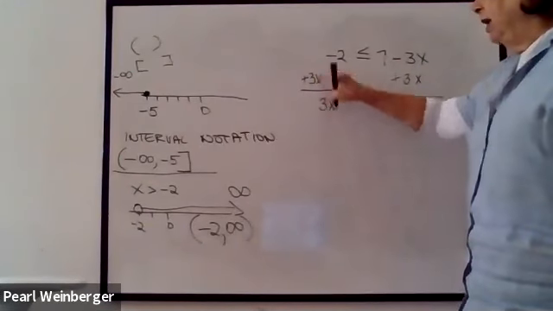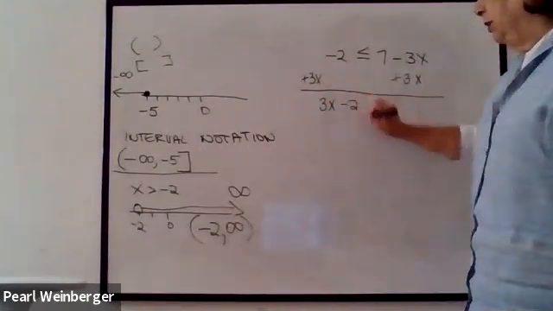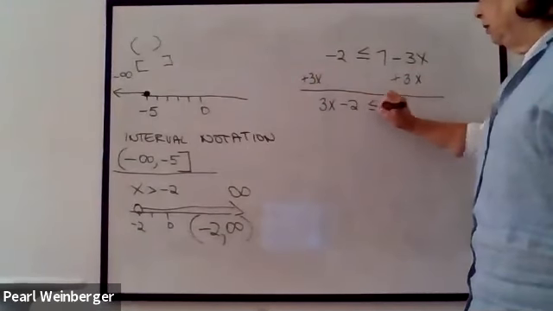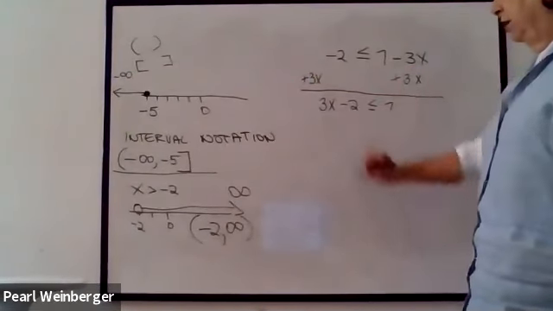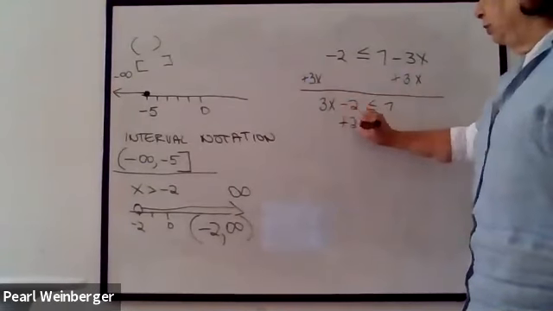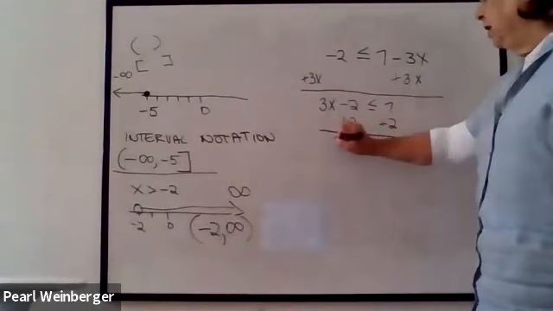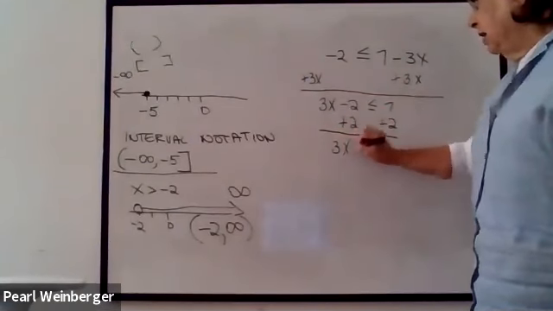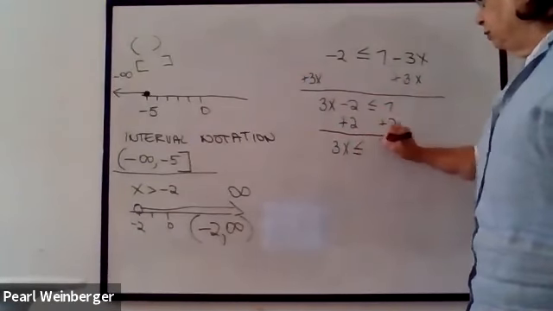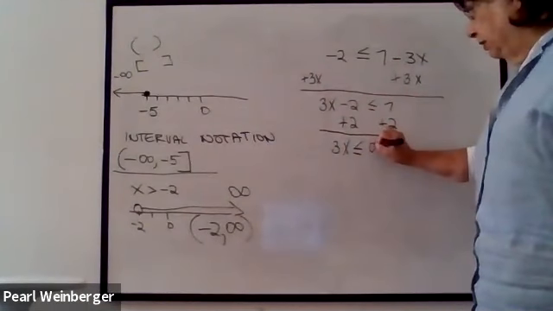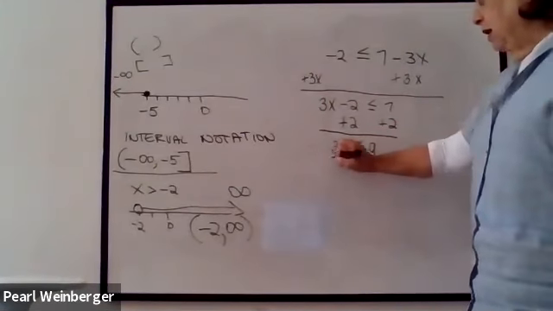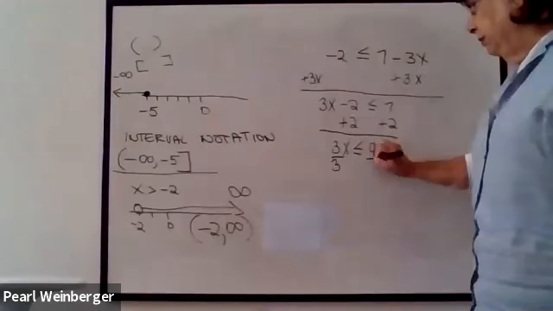So I'll get 3x minus 2 on the left, less than or equal to 7 on the right. I then will add 2 to both sides, which will give me that 3x is less than or equal to 9. That's 7 plus 2. And now I have to divide by 3.